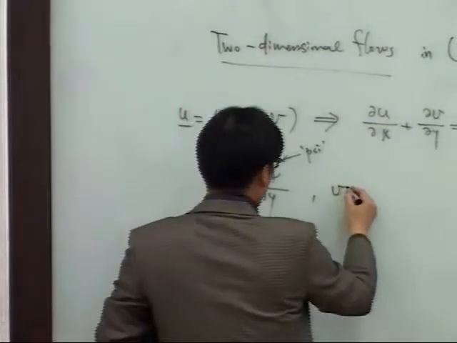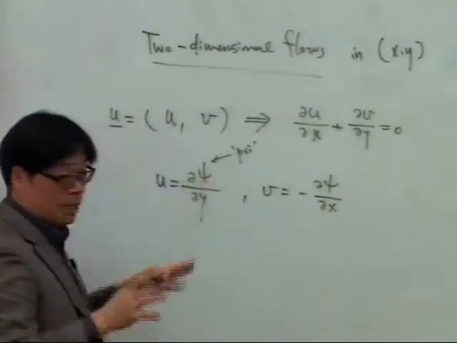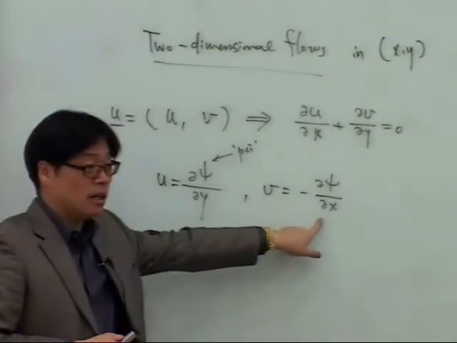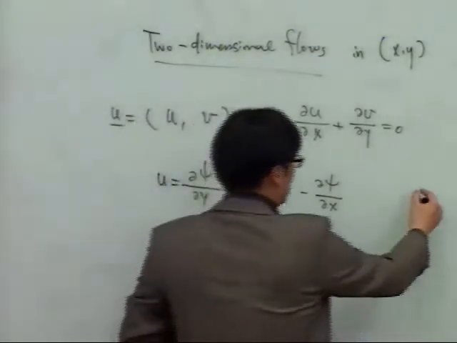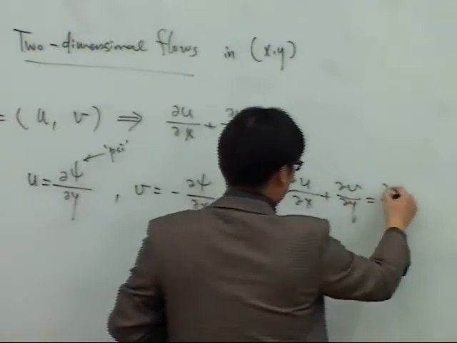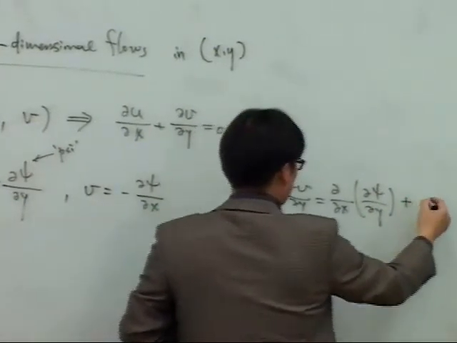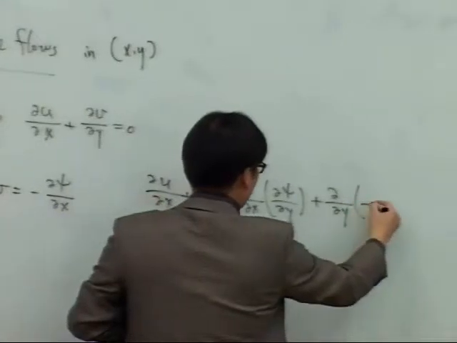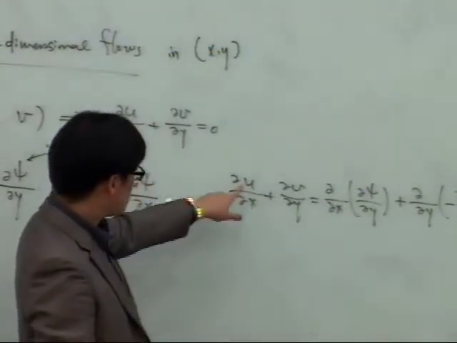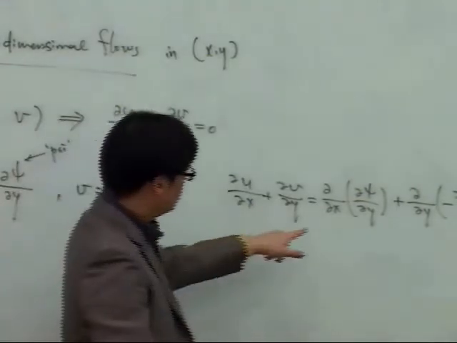And v is the negative x derivative of psi. I don't know what psi is now, but if I write u as this and v as this, then what happens? du dx plus dv dy is equal to d dx of d psi dy plus d dy of minus d psi dx, right? I just substitute the definition of u and the definition of v here.